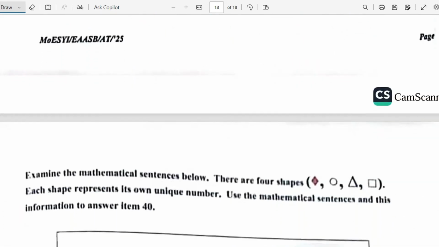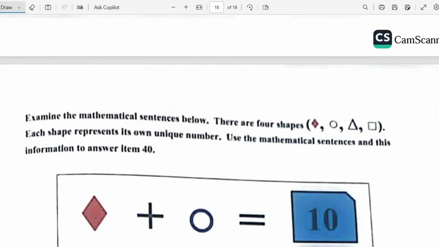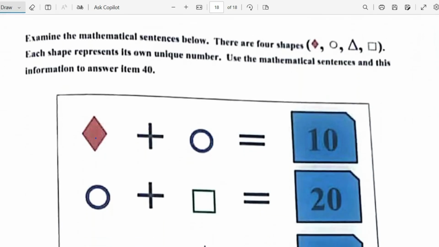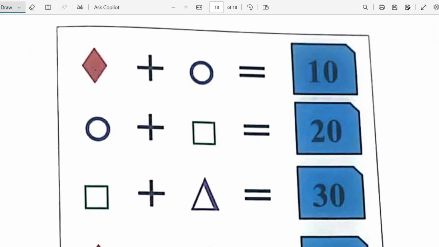Now we're on to our final question. It says, examine the mathematical sentence below. There are 4 shapes. Each shape represents its own unique number. Use the mathematical sentence and this information to answer item 14. So the diamond plus the circle is 10.